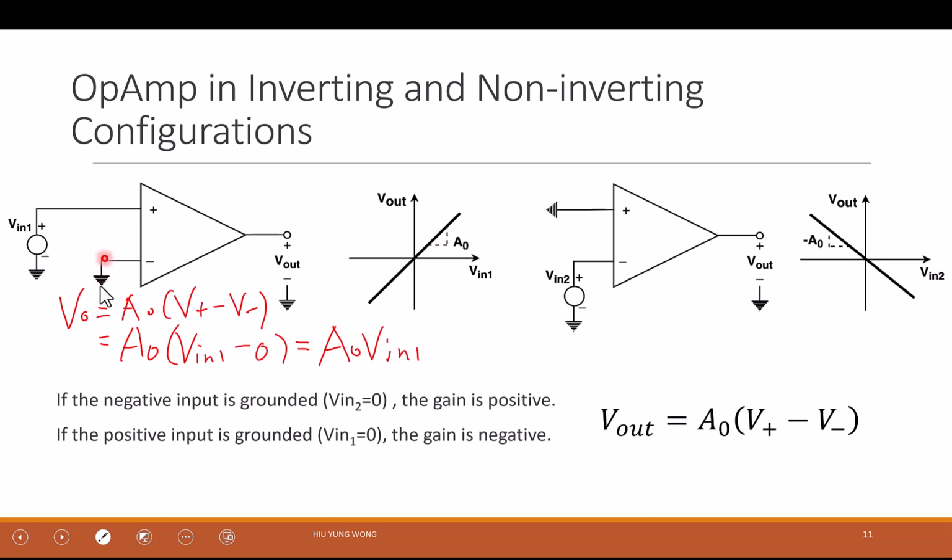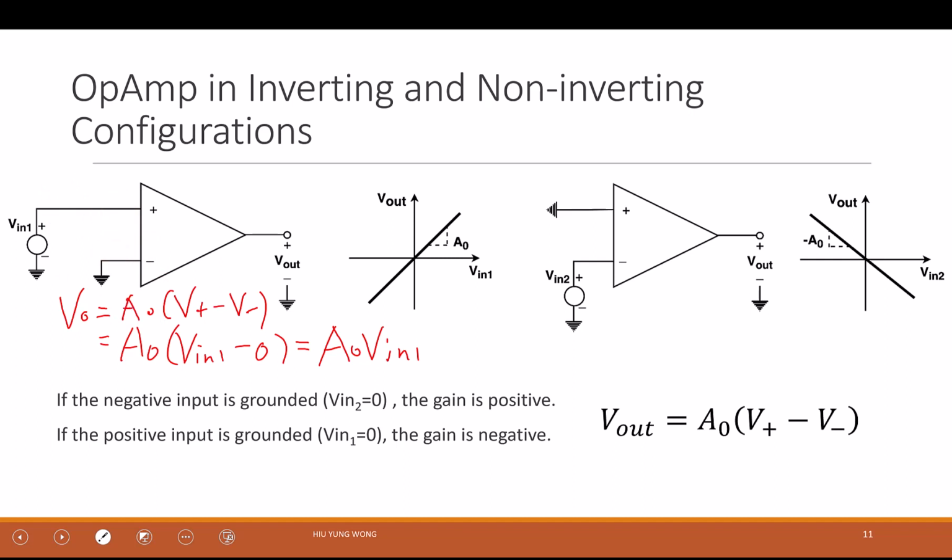So you see that the output related to input is positive. Now, you may say, well, don't you say you have 2 inputs for an operational amplifier? But it depends on how you use it, right? You are the user. You maybe just want to supply 1 voltage. Fine. Then you decided to ground the other. For you, this whole system is just amplifying your signal. Although in reality, it's trying to find the difference between these 2 signals.